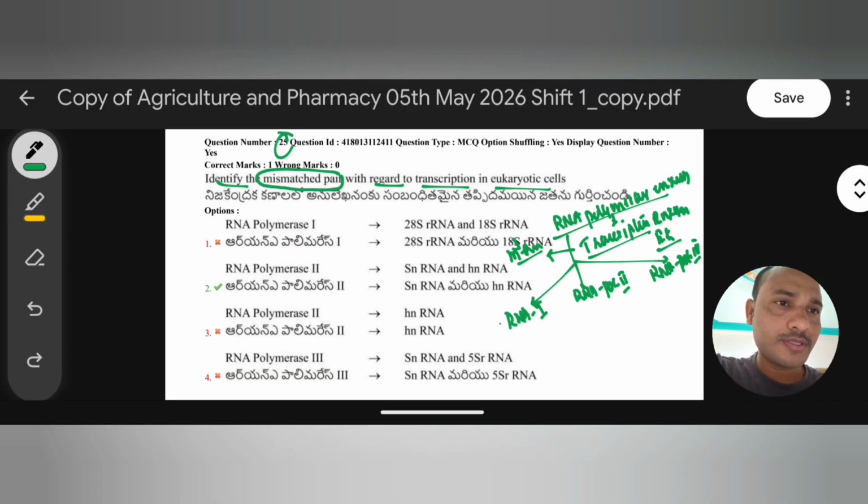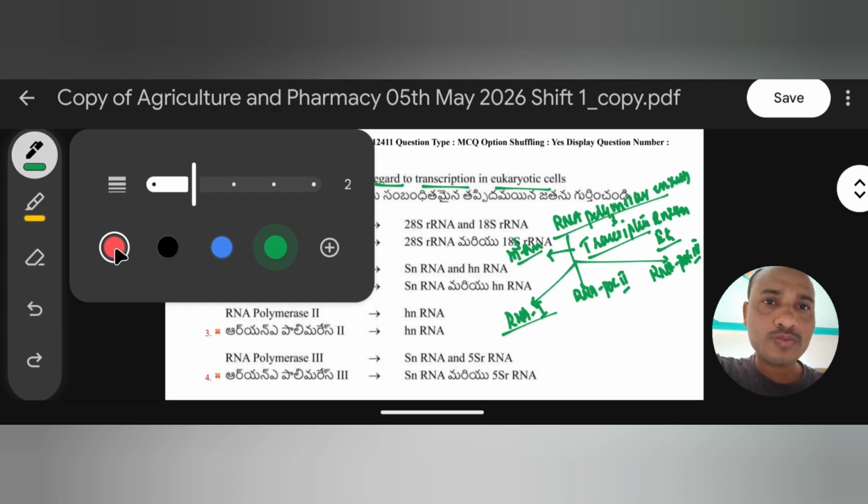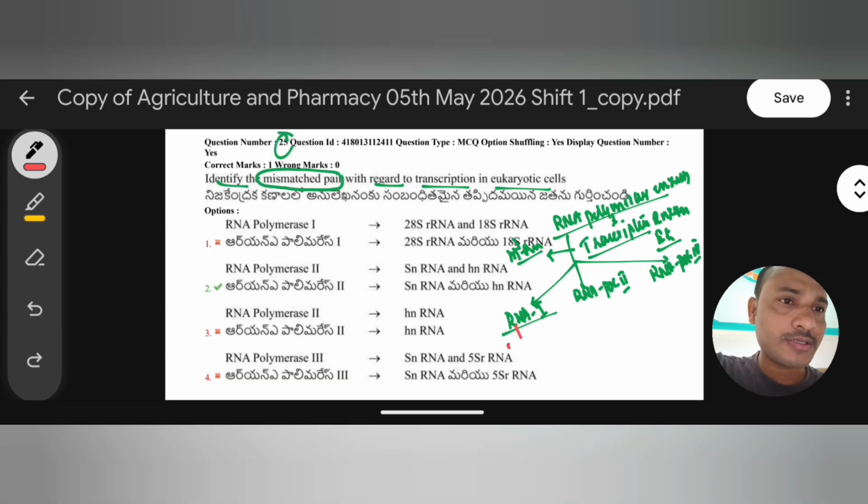For example, RNA polymerase 1 helps to transcribe, very important, ribosomal RNA, and RNA polymerase 2 helps in synthesis of messenger RNA, and RNA polymerase 3 helps in synthesis of transfer RNA. Transfer RNA means tRNA, messenger RNA means mRNA, ribosomal RNA means rRNA. Like that, there are 3 different RNAs which play important specific roles.